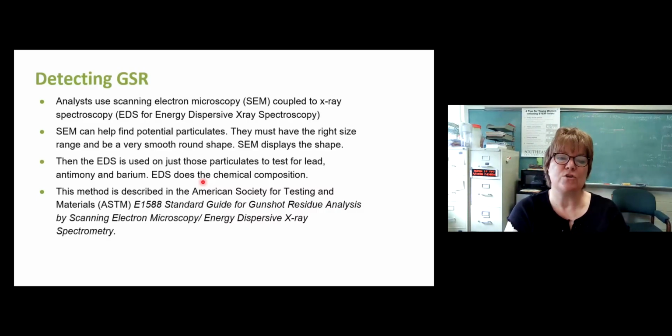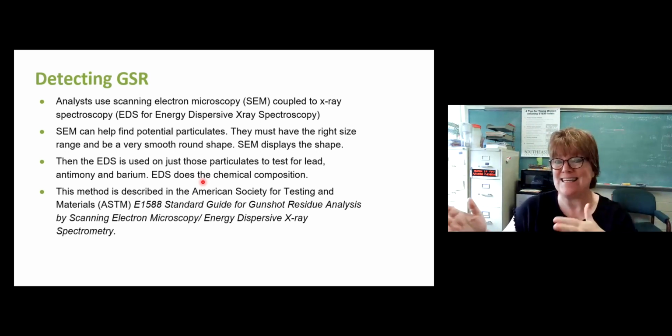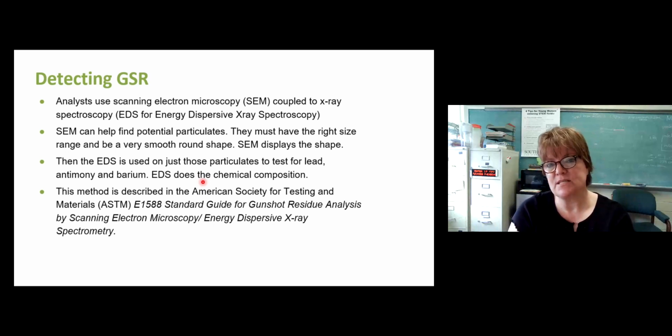And so then we will use scanning electron microscopy, or SEM, and X-ray spectroscopy, or EDS. These are specific tests that qualified analysts can use to look for specific chemicals in that gunshot residue. Again, we're looking for these specific types of particles.